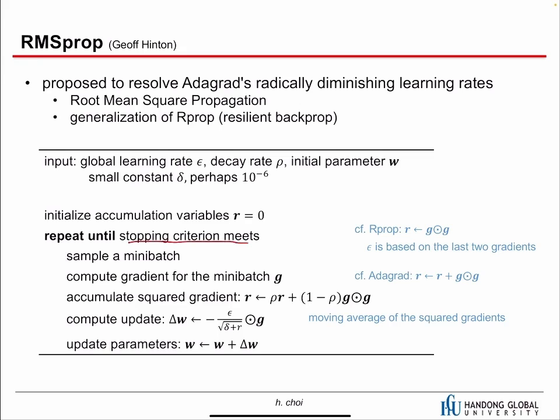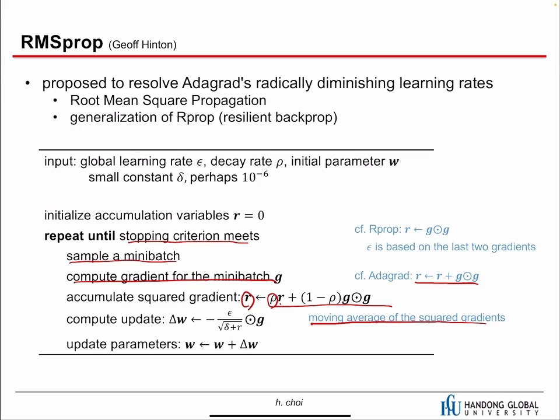And we have the same kind of criteria: sample a mini batch and compute the gradient. So far, so good. But when we calculate this R, in AdaGrad the R was just accumulated, but in RMSProp, instead of accumulating, we actually take the moving average of the squared gradient. So this rho is somewhere between 0 and 1, so it is actually the average of R and the squared gradient.